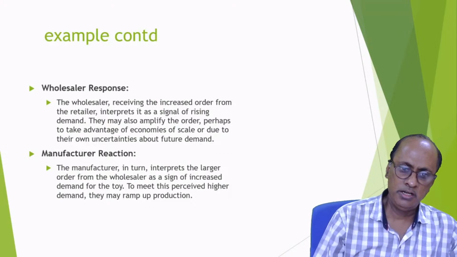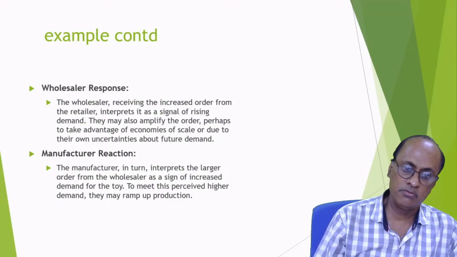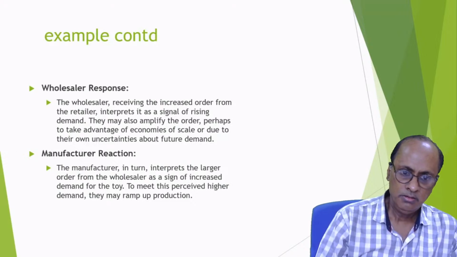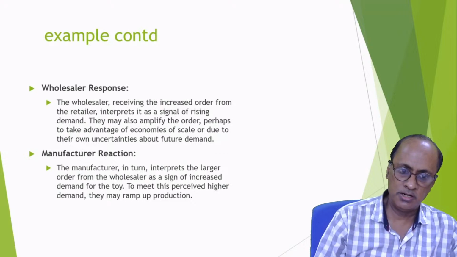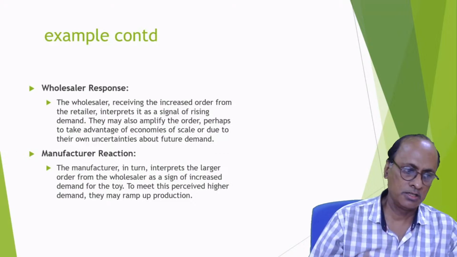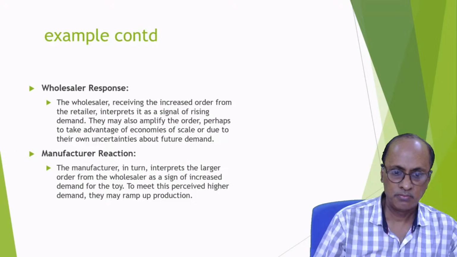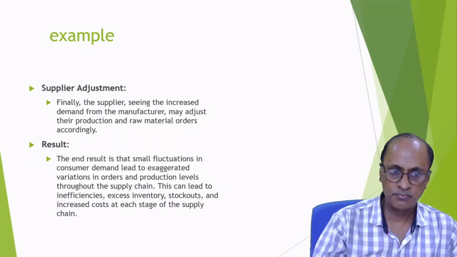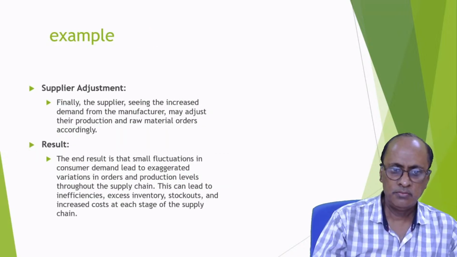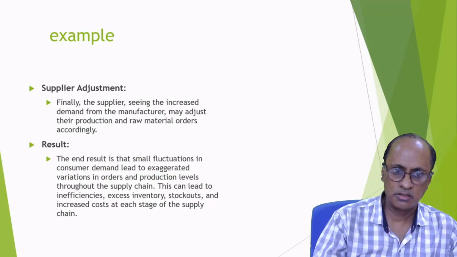The manufacturer in turn interprets the larger order from the wholesaler as a sign of increased demand for the toy. So to meet this perceived higher demand, they may ramp up production. They increase the production. Finally, the suppliers, seeing the increased demand from the manufacturer, may adjust their production and raw material orders accordingly.